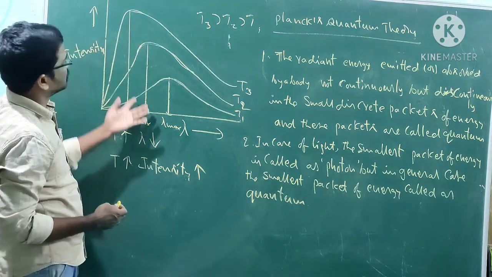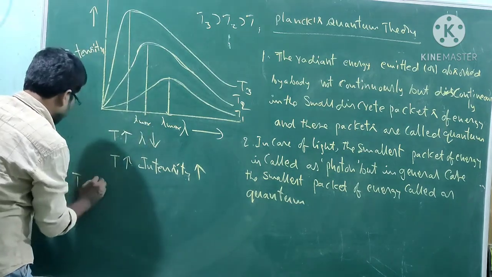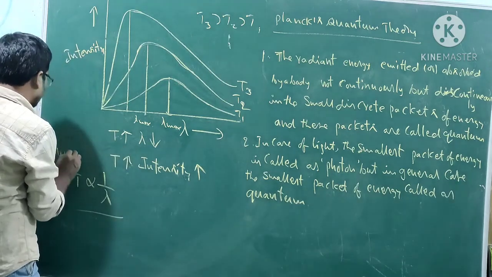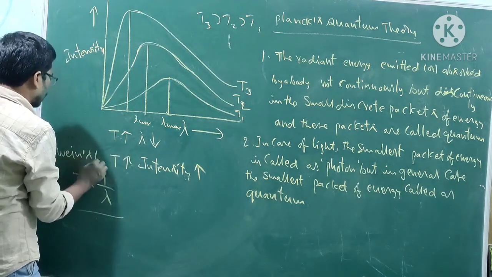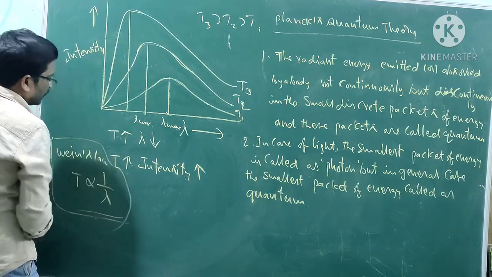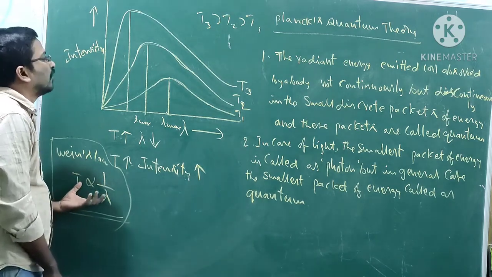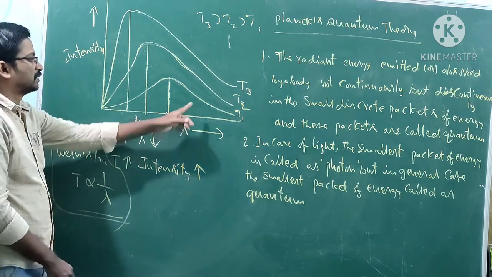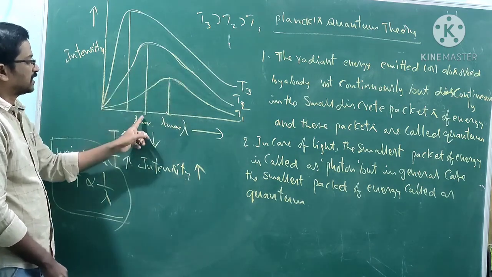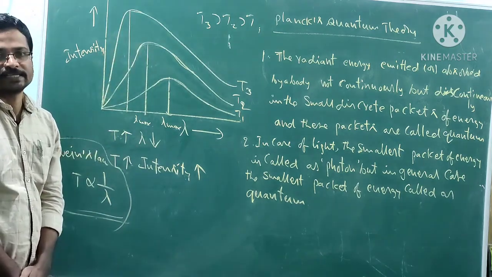From this graph we can understand that temperature is inversely related to lambda. This is Wien's law, which you may read in physics. Temperature and lambda are inversely proportional. At lower temperature, this is the lambda. If you increase the temperature, the lambda value decreases, and with further increase, it decreases further.